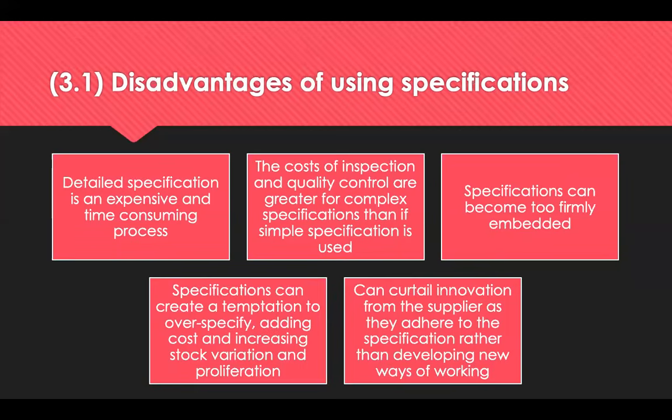Then you've got the cost of inspection and quality control. They can become too firmly embedded, which means that the supplier won't allow any flexibility. They can create a temptation to over-specify, adding cost, and can curtail innovation from a supplier's point of view.